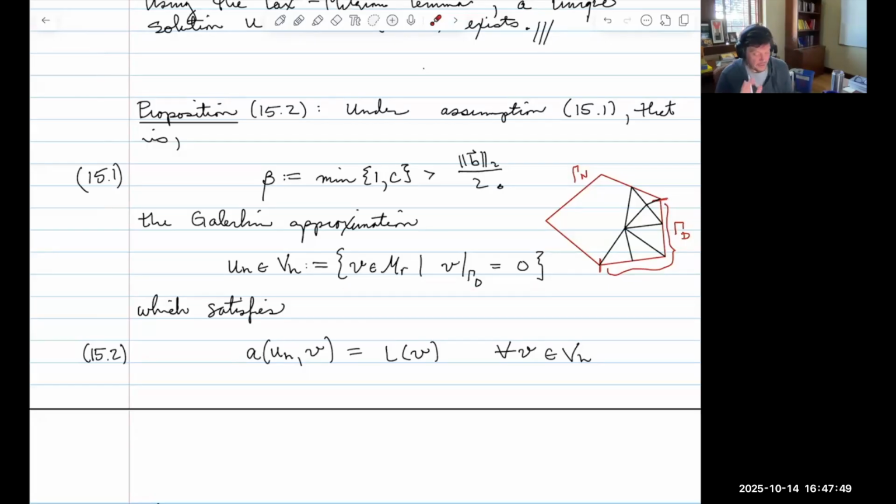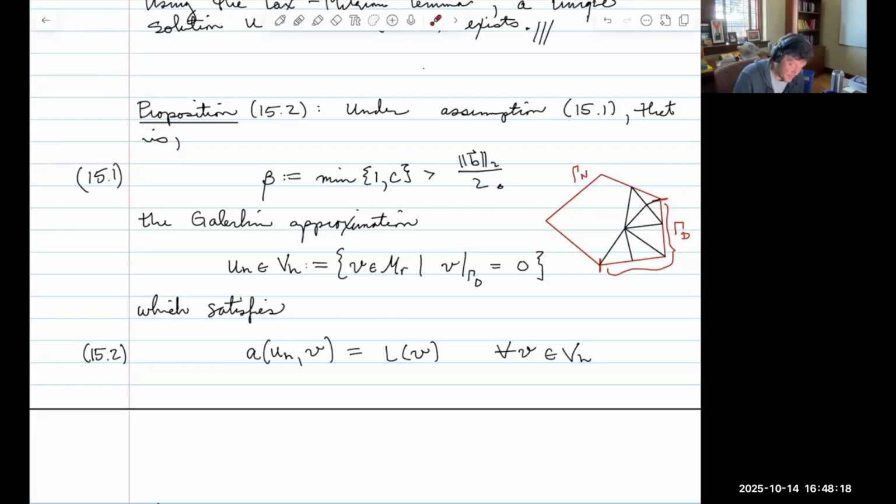I didn't go into that detail when I wrote out these notes, but just make sure that you understand that not all meshes of this polygonal domain would work. I have to have full edges on gamma D and gamma N. And I can't have a triangle which has one of its edges in gamma D and another in gamma N. That just wouldn't work.